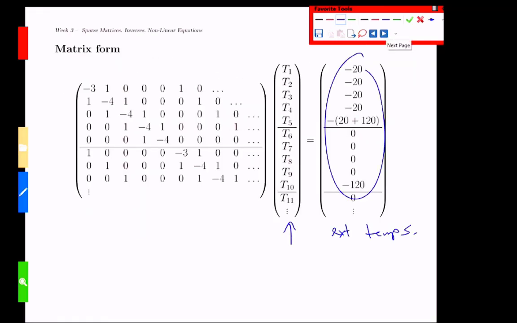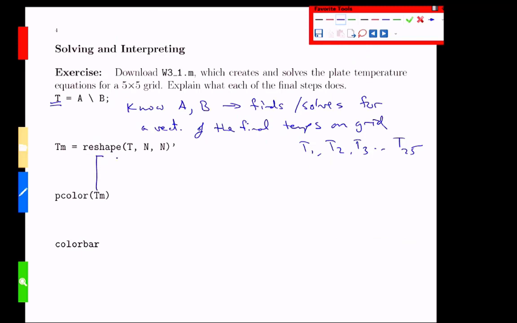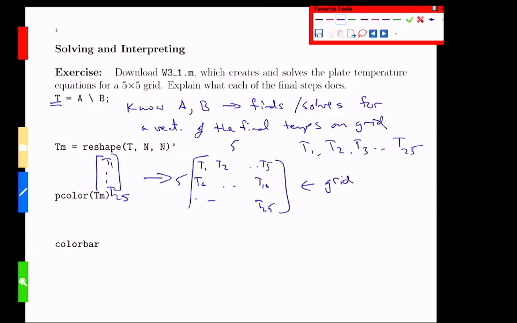It's fine, all the information is in this vector, but it's just not laid out the way we'd want to use it naturally. So this takes the column vector T1 down to T25 and turns it into a 5 by 5 matrix, which is T1, T2 to T5, and T6 to T10, and so forth, until we get down to T25 in the bottom. So this is the grid layout where we started. It makes it much easier to interpret.